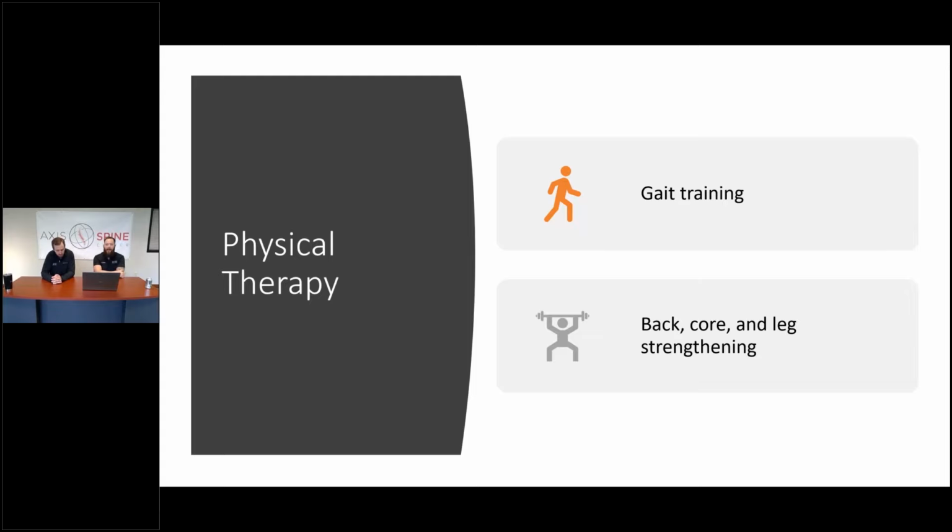Oftentimes the body will compensate to a degree, but the degree of stenosis may get to the point where the muscles aren't able to overcome the strengthening needed to keep the person upright and out of pain. And so physical therapy is excellent for people with scoliosis. Physical therapy long term is not going to change the curvature to a substantial degree to reverse scoliosis, but it can help build those muscles like we talked about earlier to help support the spine and help with pain.